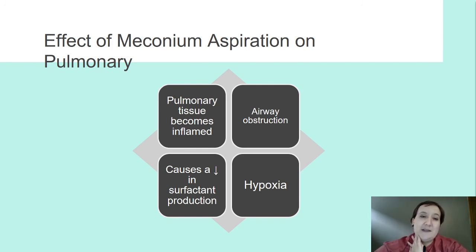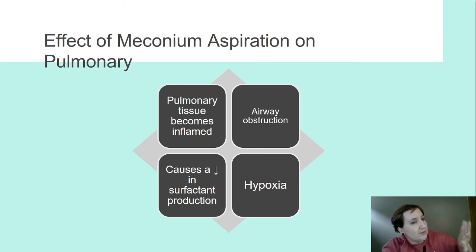So if a baby does, however, have true meconium aspiration and is unable to clear that effectively, the pulmonary tissue obviously becomes inflamed as it reacts to a foreign substance. That meconium is super sticky. By this point, I would hope that all of you have tried to wipe a baby butt with meconium, and you take the baby wipe and the meconium doesn't move off of the butt.